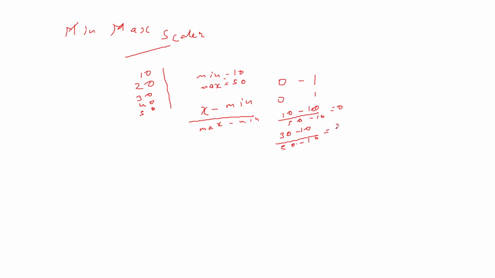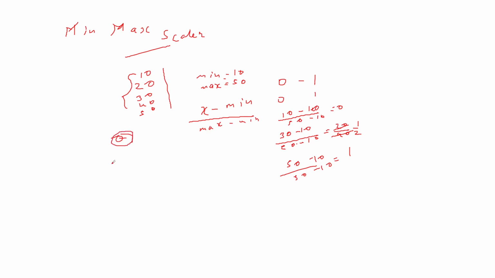So this is going to give you 20 by 40, which is 1 by 2. Okay, so that's 0.5, and the maximum value is 50 minus 10 divided by 50 minus 10. This is going to give you 1. So your entire range 10 to 50 has been reduced to 0 to 1. Okay, so this is what the min max scaler does.